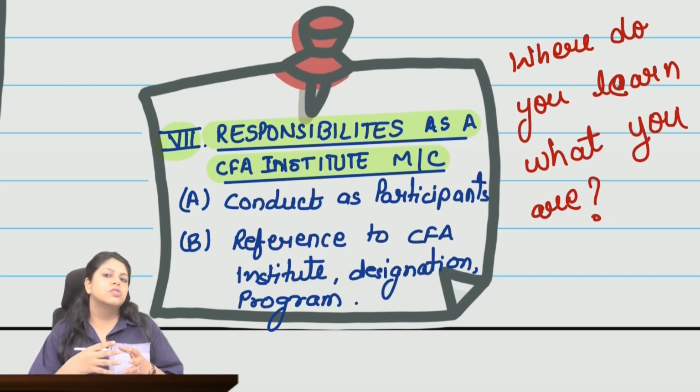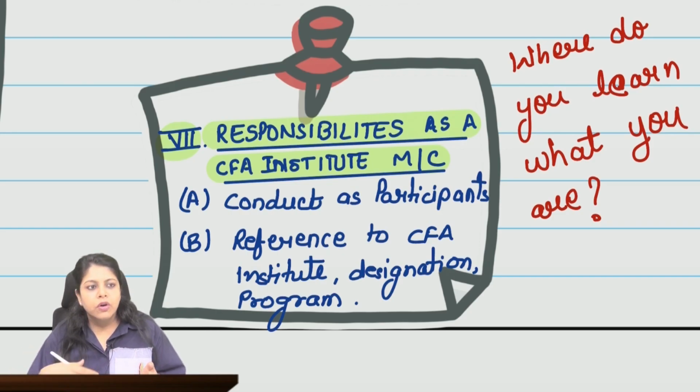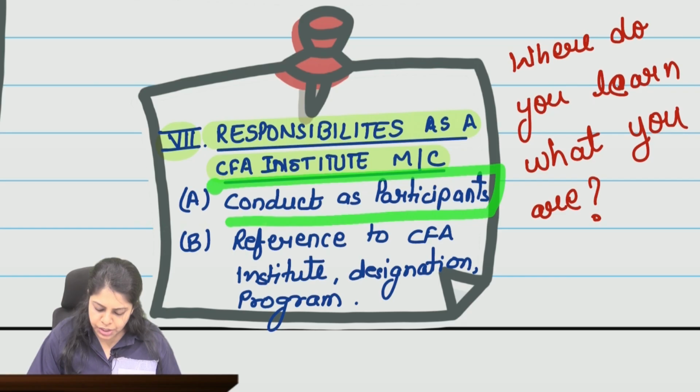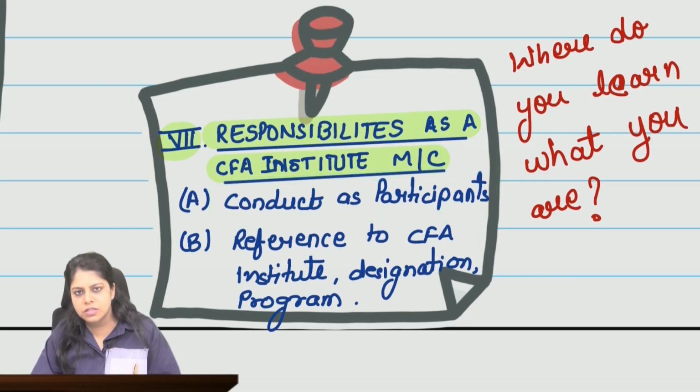Like for example, cheating during the exams or violating any law or any particular standard knowingly. All these acts may lead to the hampering of the reputation of the CFA Institute, and you must never do anything that hampers the reputation or integrity of the CFA Institute.